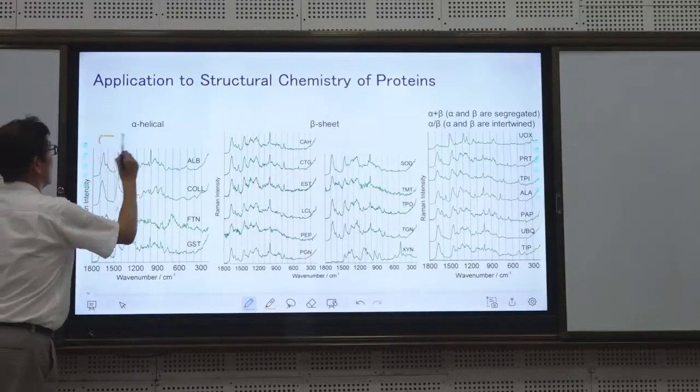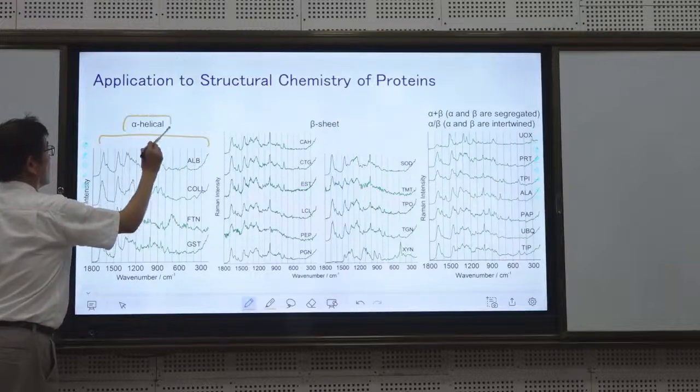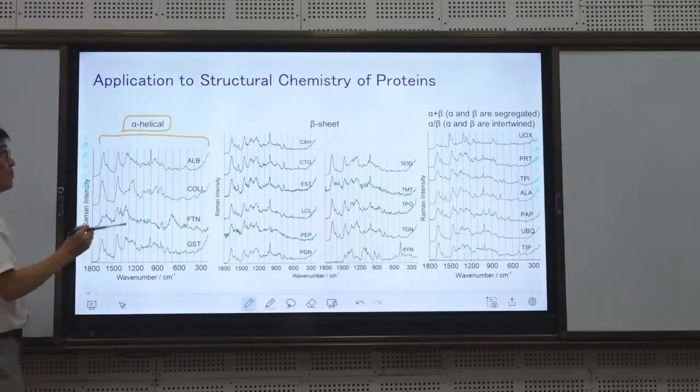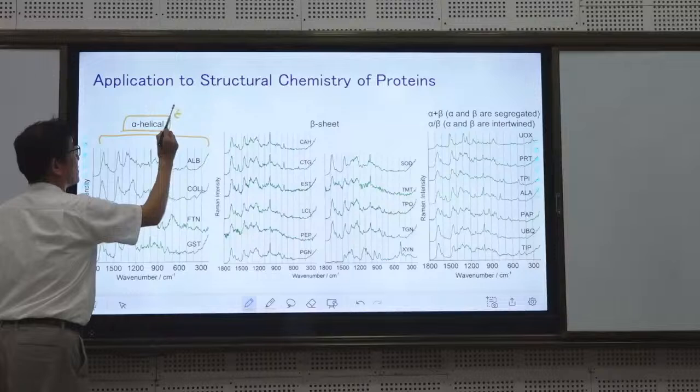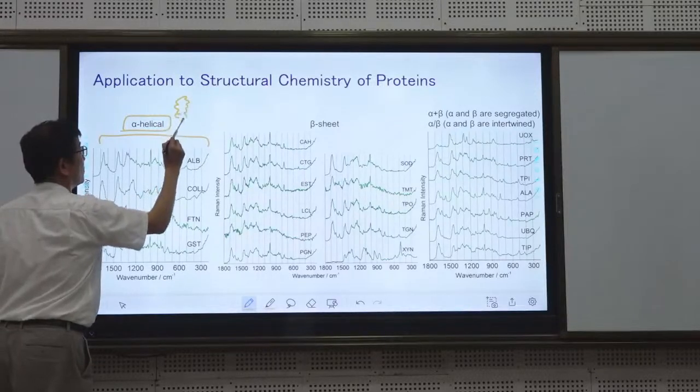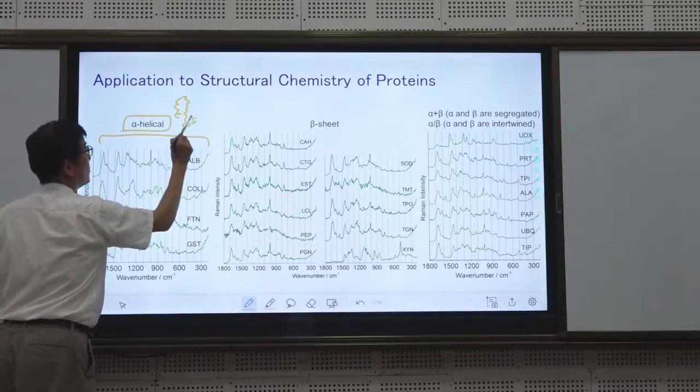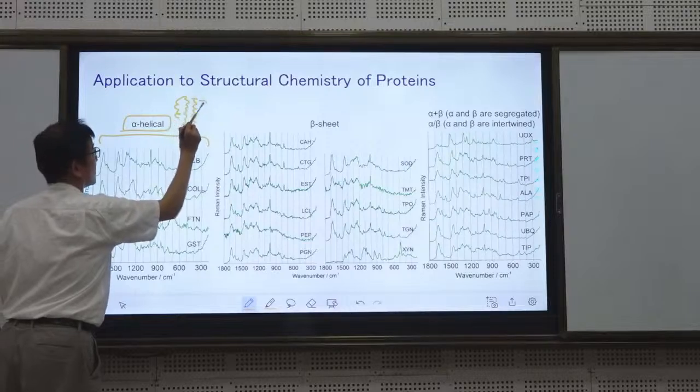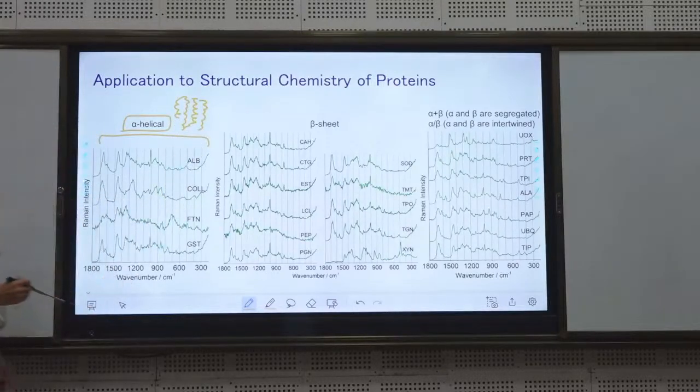This group is alpha helix rich protein, so the structure mainly consists of alpha helix. Then the appearance is something like this.